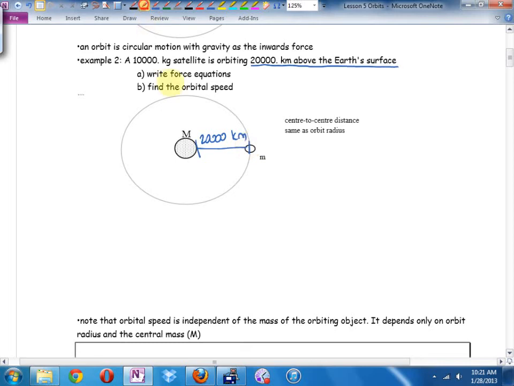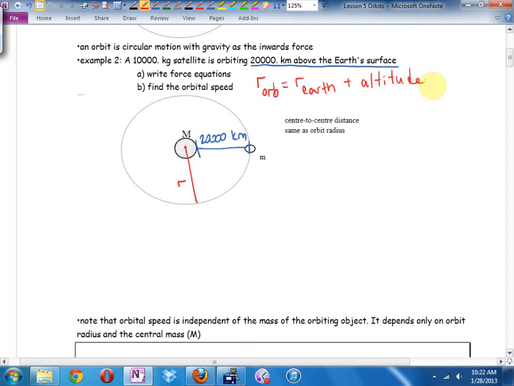What I need to use is that distance there, because that's the orbital radius. How can I figure out that distance there? I'm going to take that 20,000 and add the radius of the Earth. So the first thing I'm going to write here is our orbital radius equals Earth radius plus altitude.